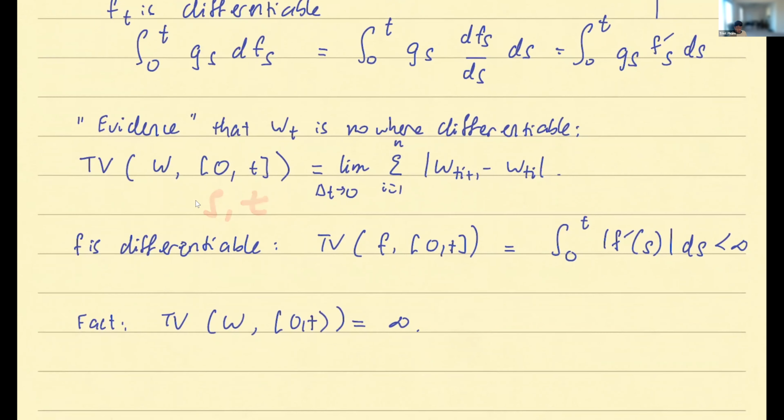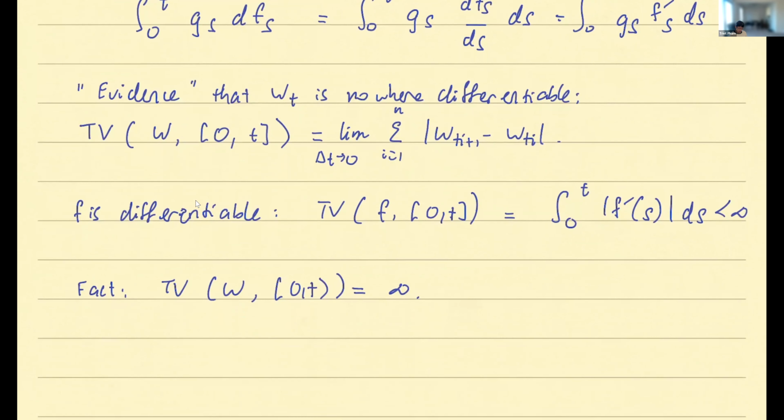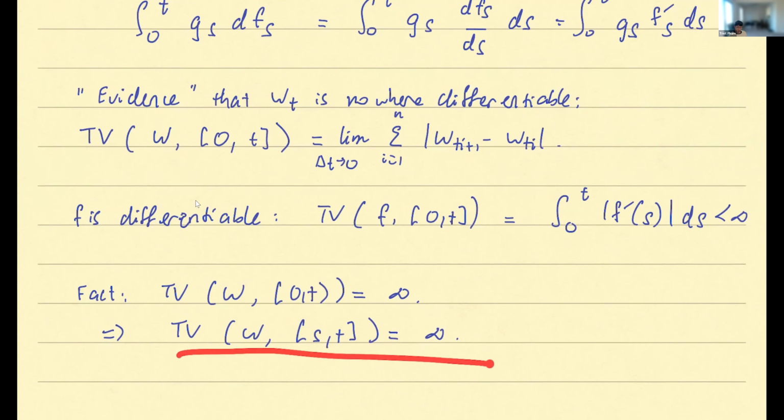Also, if the Brownian motion variation from 0 to t is infinite, then there's no reason why the total variation on any other time interval is finite. This is true for any s, t.